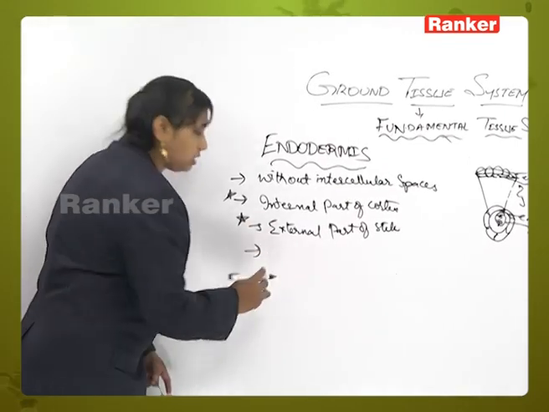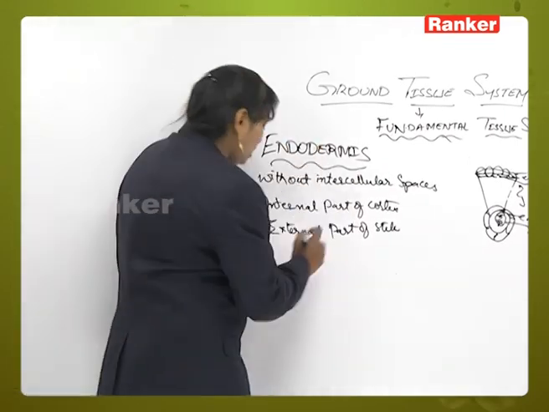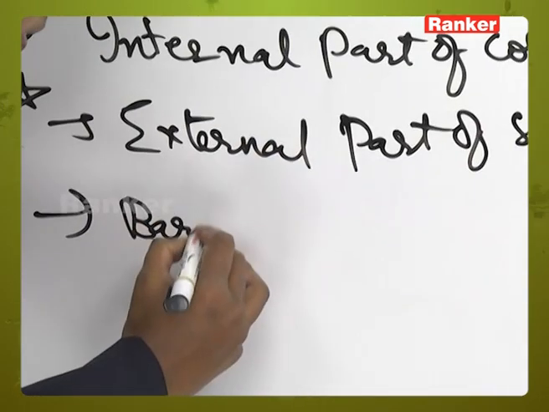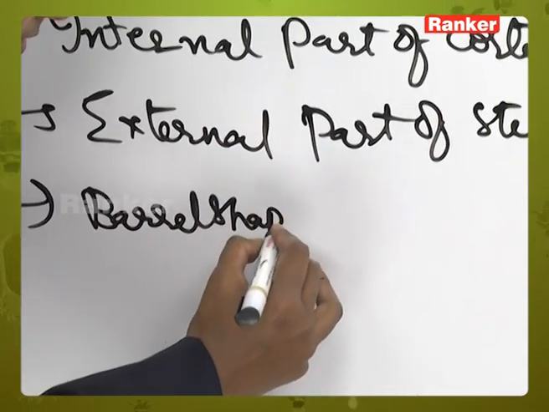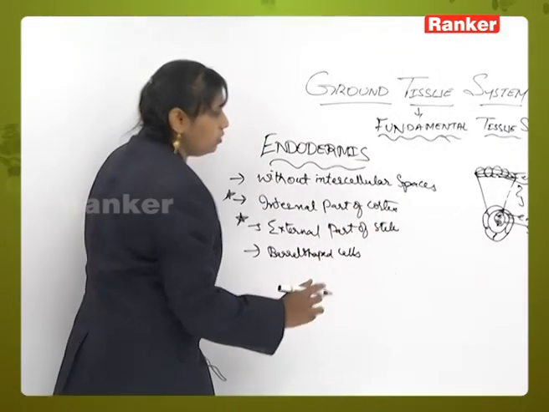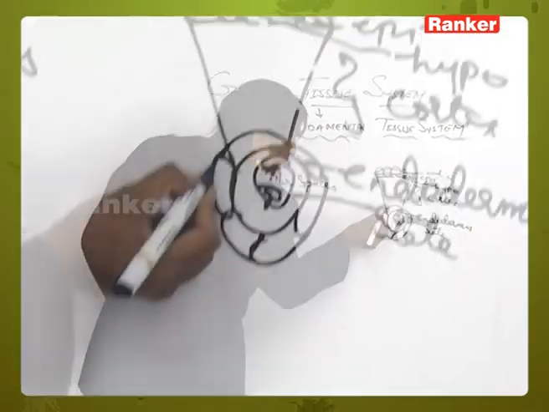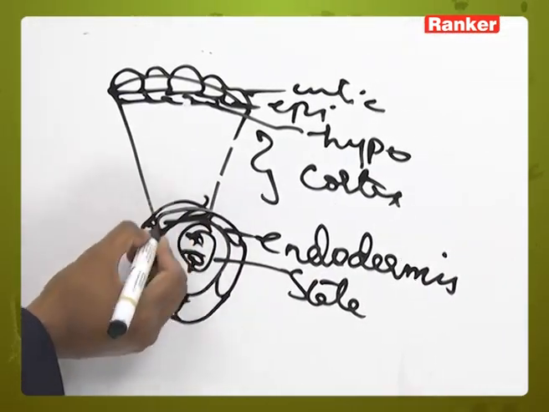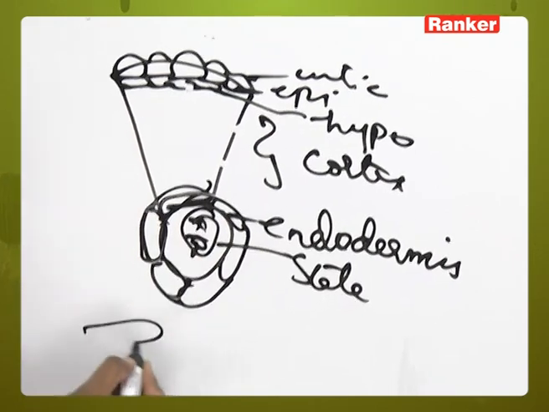Now, what is the structure of the cells? These are barrel shaped cells without intercellular spaces, and these are arranged parallel to each other. This will be like this.